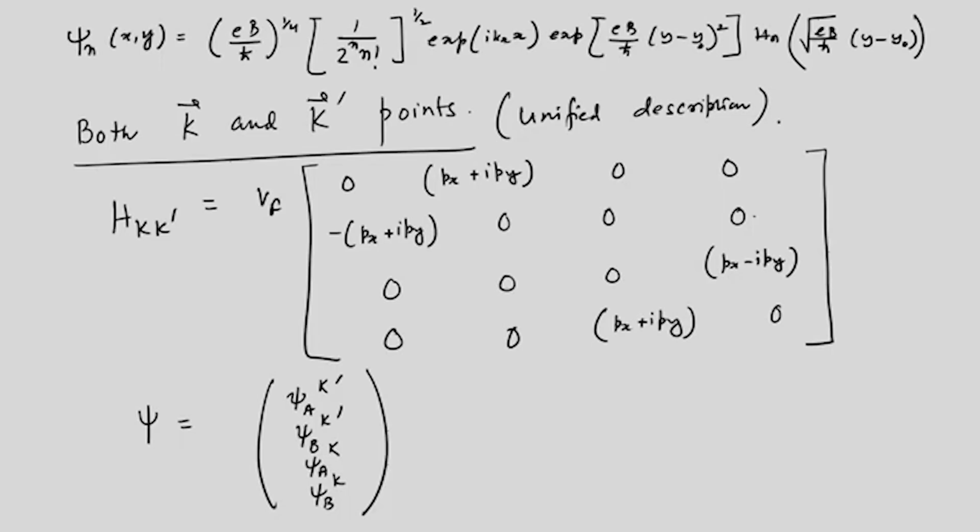So, if we write this down, E psi A K is equal to Vf (px minus i py) psi B K, and E psi B K is equal to Vf (px plus i py) psi A K and so on and so forth. Okay. So, everything that we have done.